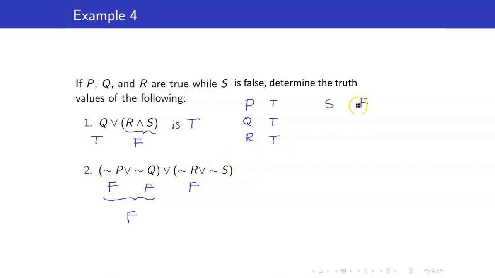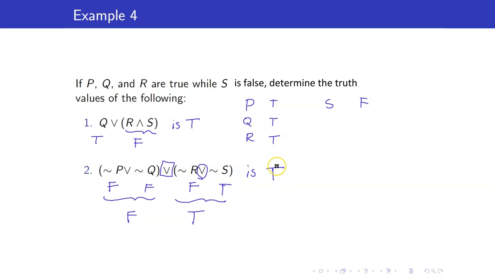Not S. S is false, so therefore not S is true. One of them is true, and we have OR here, so therefore this is true. So for the two components, the second component is true and this is joined by OR, so therefore this is true.